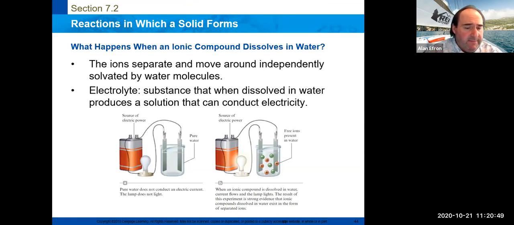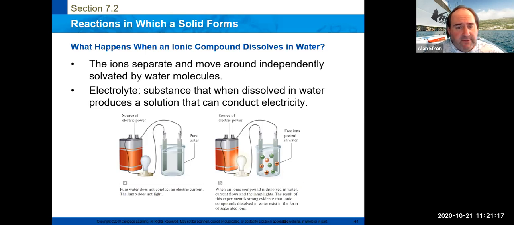As the ions become formed in the water or the solution, there's a lot of positive charges moving around and a lot of negative charges moving around. That helps complete the circuit, if you will, and is able to conduct electricity very well. So an electrolyte is a substance that can produce ions in solution. It is the presence of those ions which helps us understand if it can conduct electricity or not.